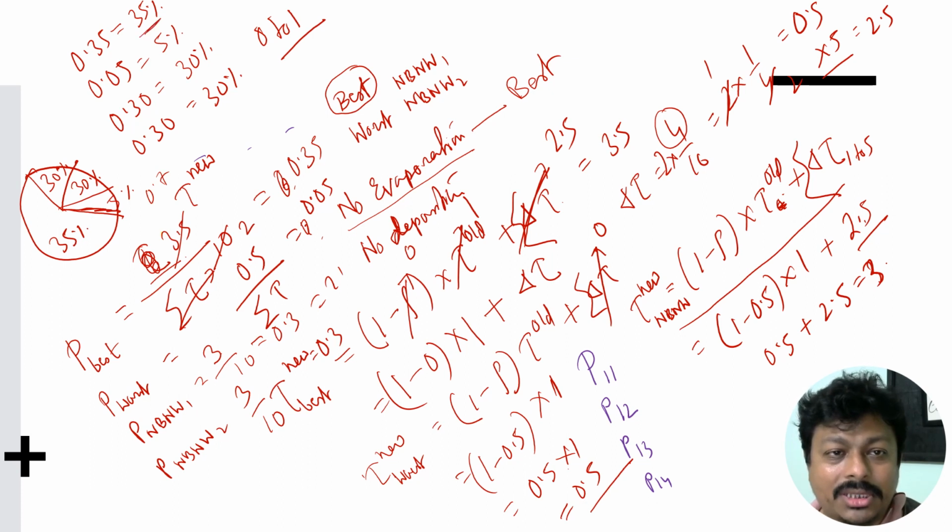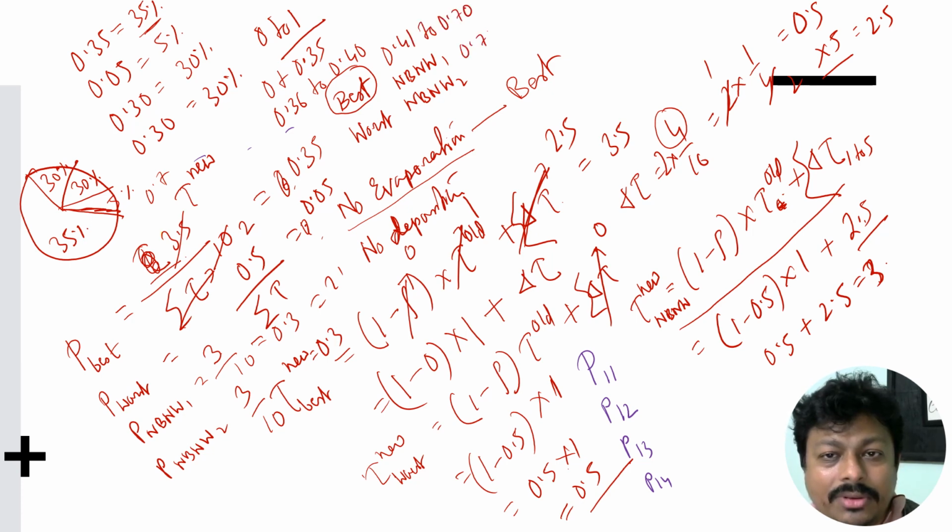The first part is 35%, so 0 to 0.35. The second part is only 5%, so 0.35 to 0.40. Then next is 30-30, so 0.40 to 0.70, 0.70 to 1.